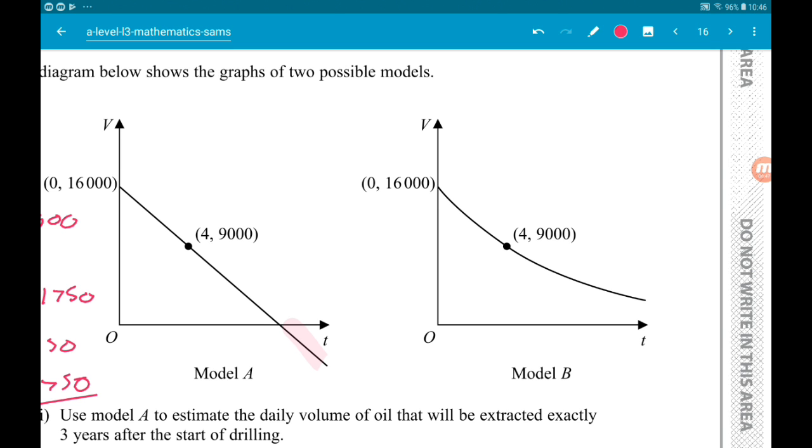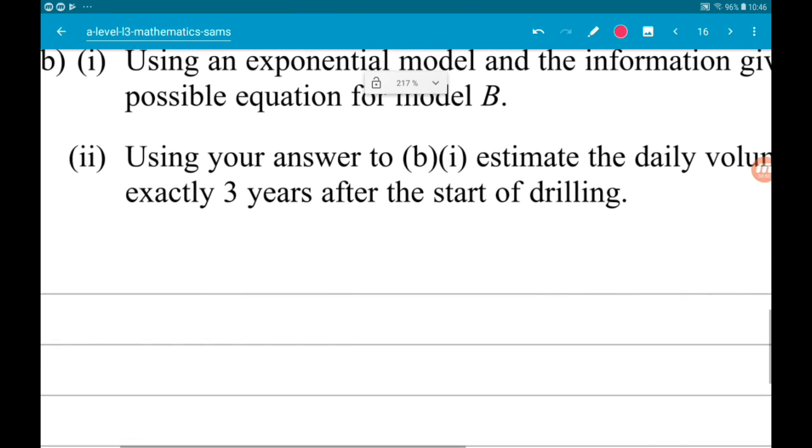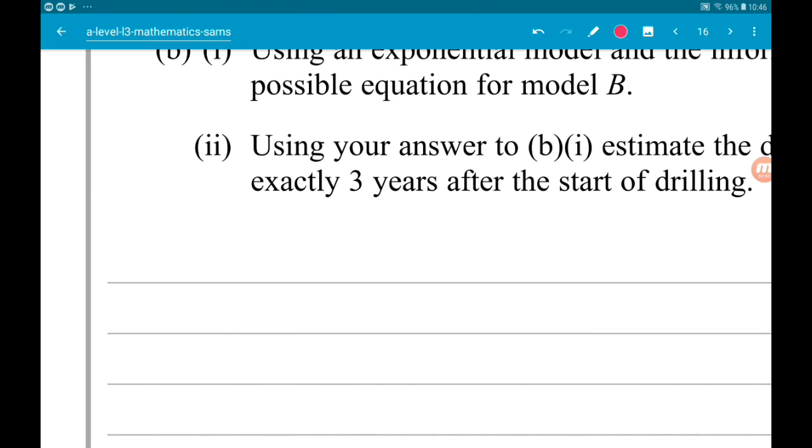So we could first of all suggest something like A e to the minus kt. So what we then need to do is find the value of A and the value of k.